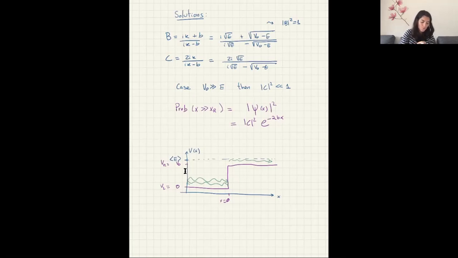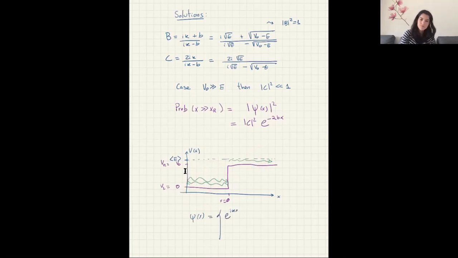So let's attack this. What do we expect? Well, we expect there to be overall more density of wave function on the left than there is on the right. So we do again the same calculation. So for this case, phi of x, and we know that the real solution is a superposition of this and the other one. But we have e to the ikx.